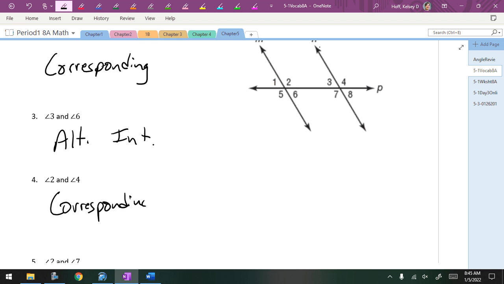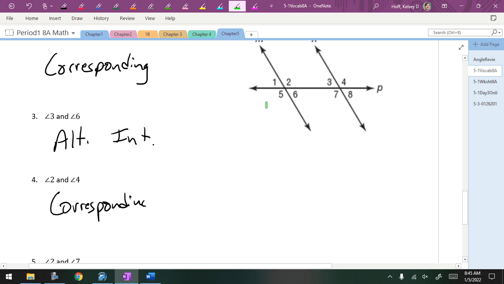Caitlin, 2 and 7. What do you think? She says alternate interior. Thoughts? Nicely done. Good work. Alternate interior.